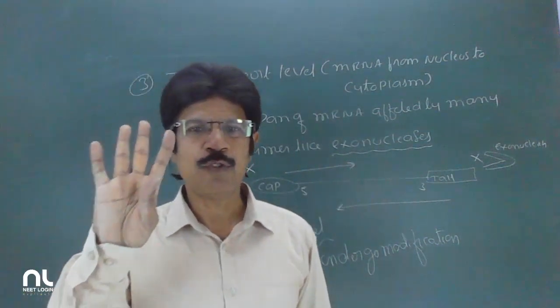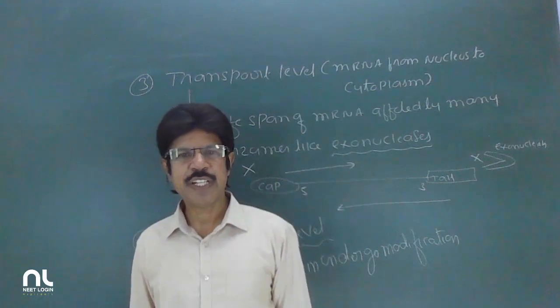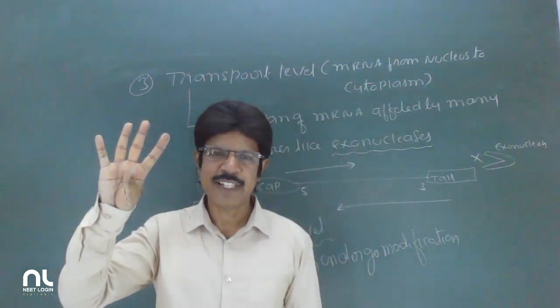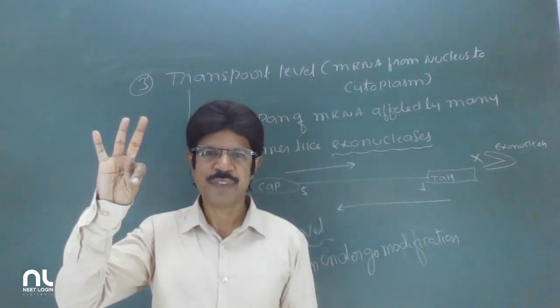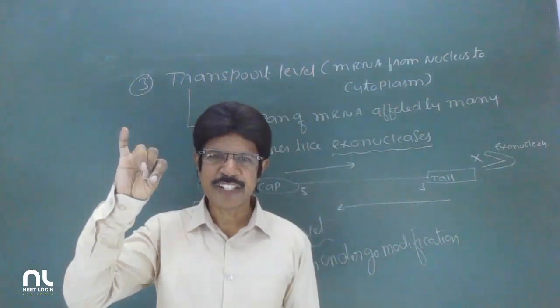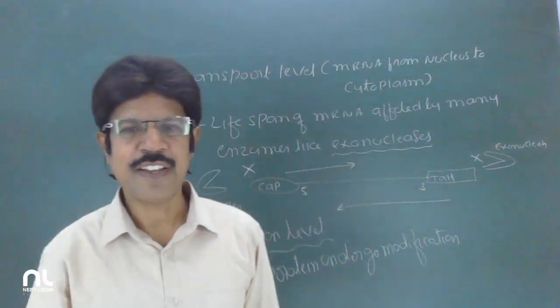How many levels? Four levels. Gene expression in eukaryotes is exerted at four levels: transcription, then processing, then transportation, then translational level.